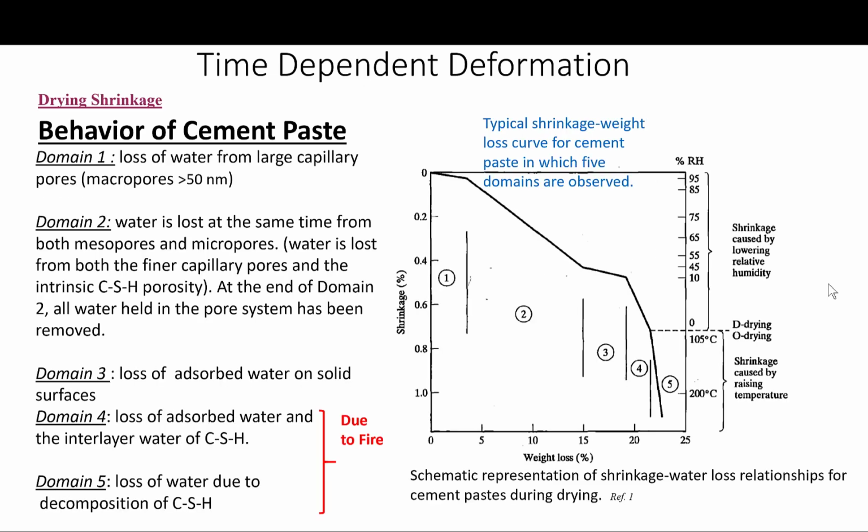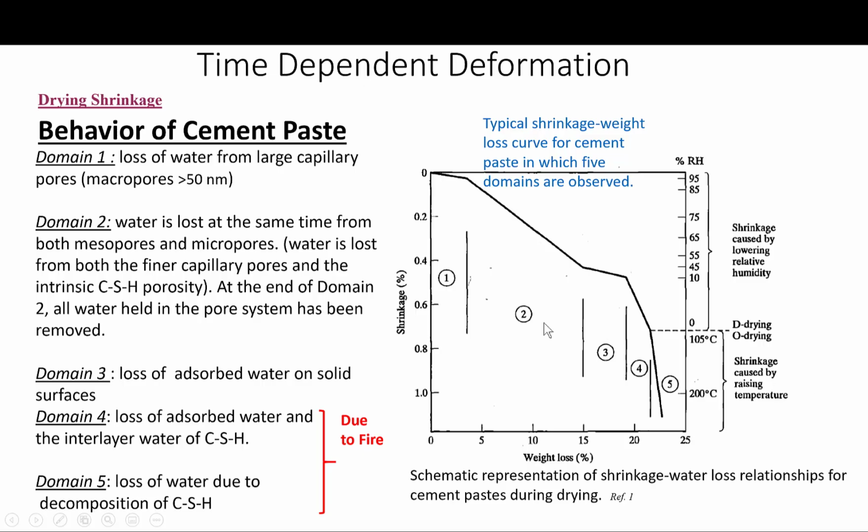As you can see on this figure, which shows a typical shrinkage weight loss curve for cement paste, we have observed 5 domains, 1 through 5. Domain 1 is attributed to loss of water from large capillary pores, which are the macropores, if you remember the hydration and cement paste microstructure lectures.